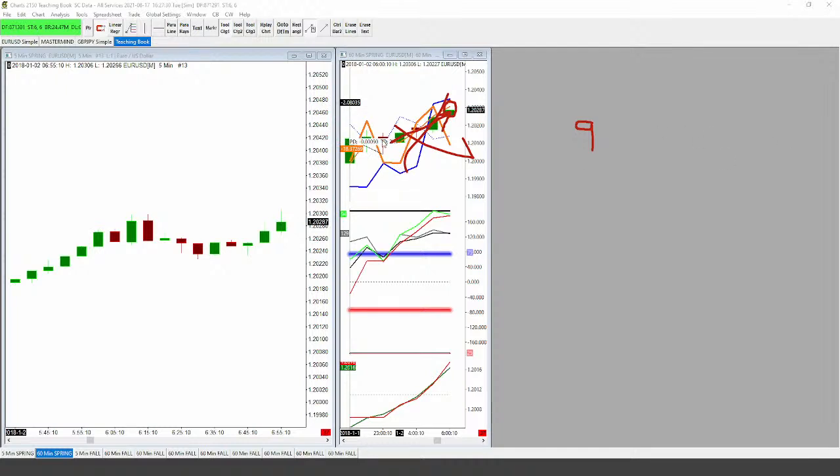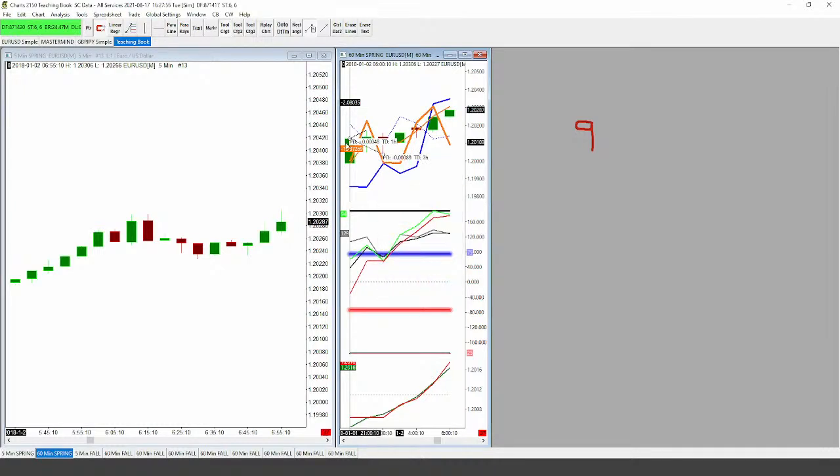The lowest point, the most it went against us prior to this point, right? Okay, so what is that then? Right here, it went 4.8 pips. That's the most it went against us before it went in our favor.